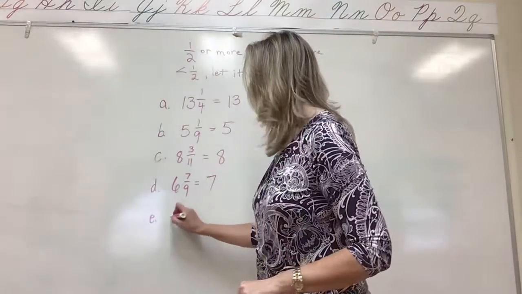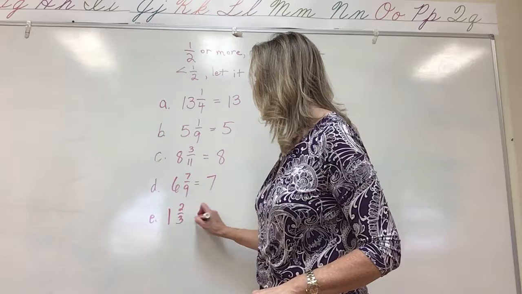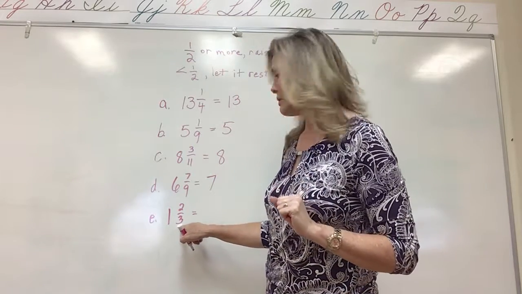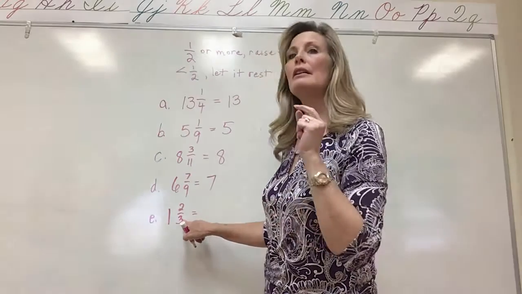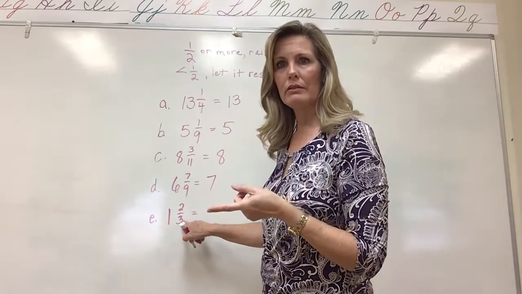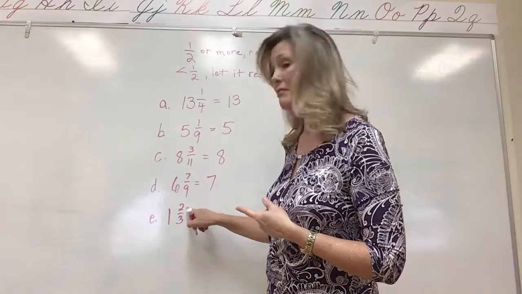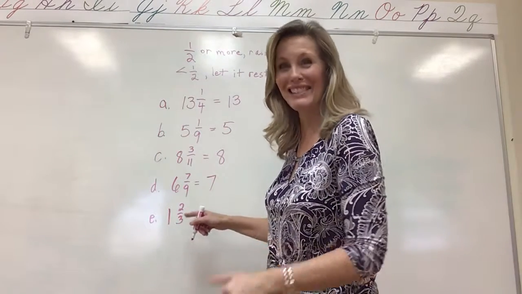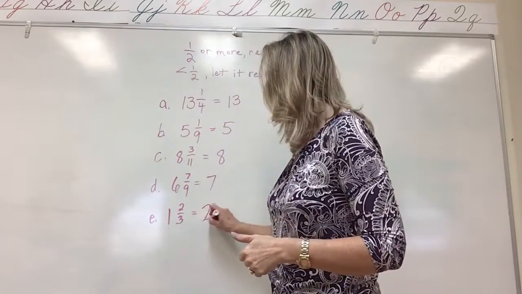I thought I looked at that wrong. 1 and 2/3. Is that more than a half or less than a half? Well, half of 3 is 1.5. 2 is more than 1.5, right? So it's more than a half, which means I'm going to raise the score to be a 2.